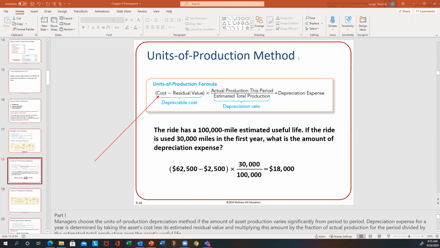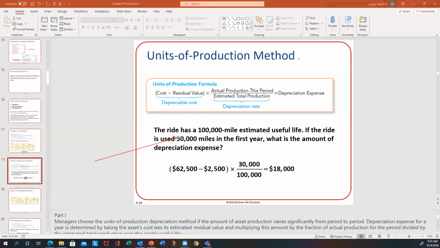The units of production method is very similar to the straight line method. You take your cost minus residual value, that's the same, but then the depreciation rate is different. You don't divide by the estimated life in years. You look at the rate in terms of what they're using. The problem said the ride has a 100,000 mile life. So notice that's the base, that's the denominator, and then each year you just have to keep track of how many miles you use.